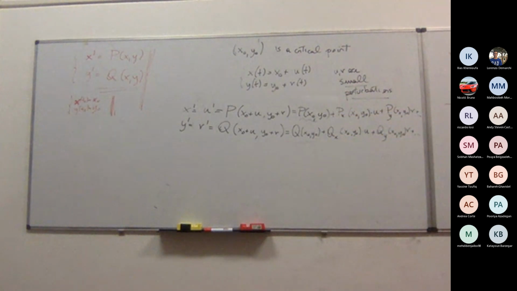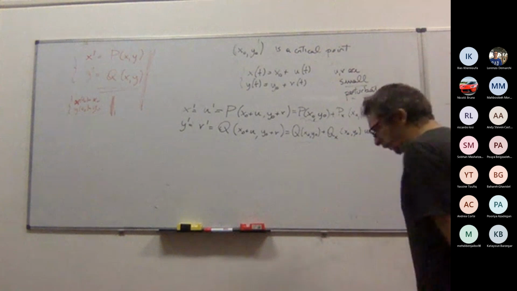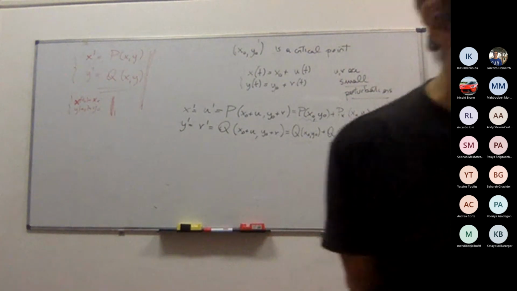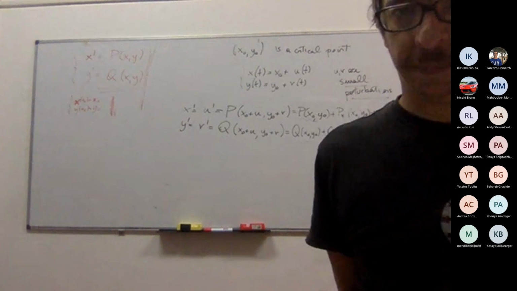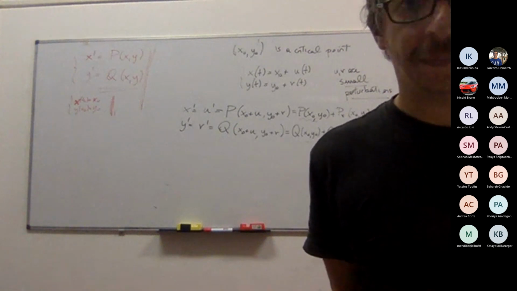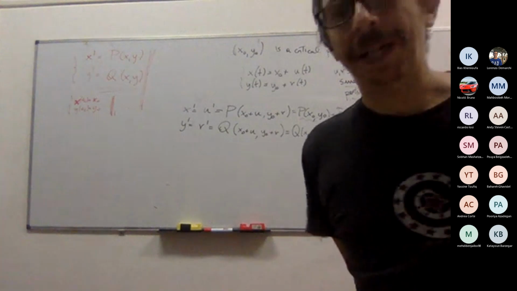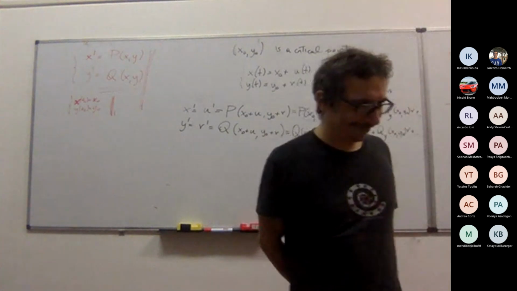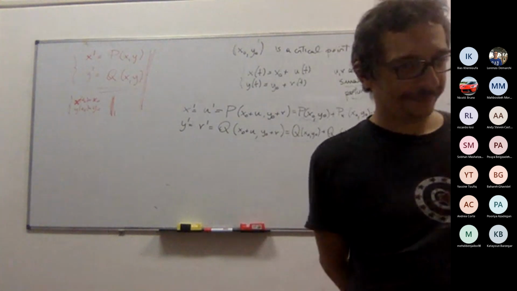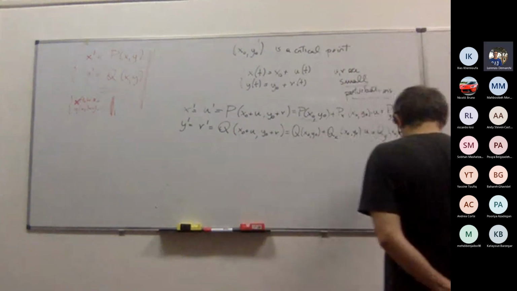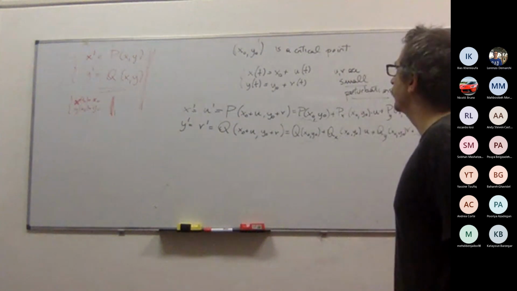What's the value of these two quantities? Somebody, please. Is that 0 because it's a critical point?